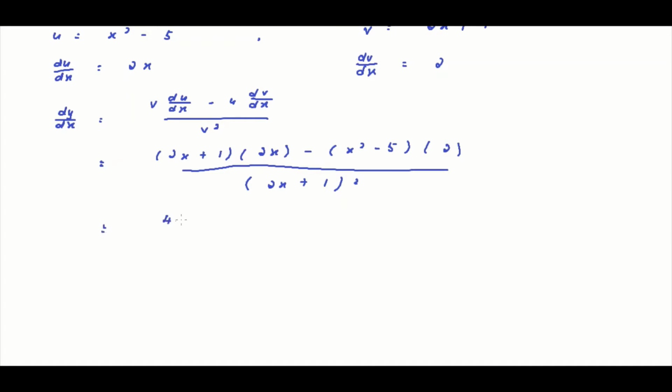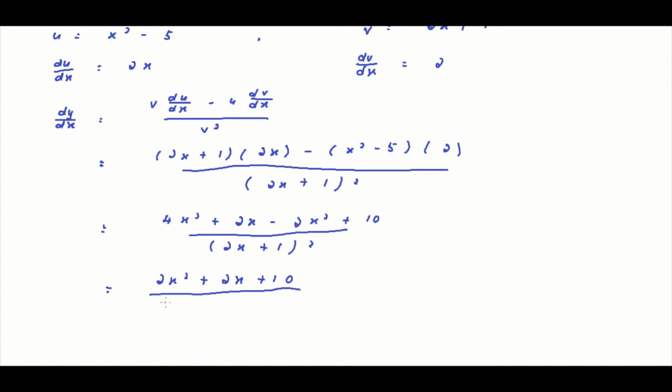You have 4x squared plus 2x minus 2x squared plus 10 over 2x plus 1 squared. So 2x squared plus 2x plus 10, divided by 2x plus 1 squared.